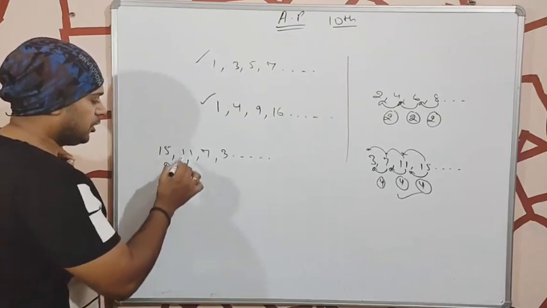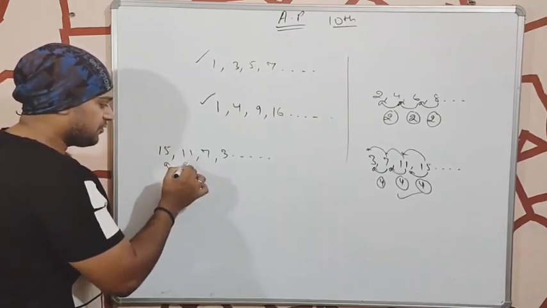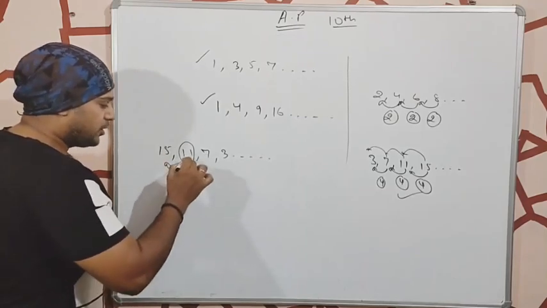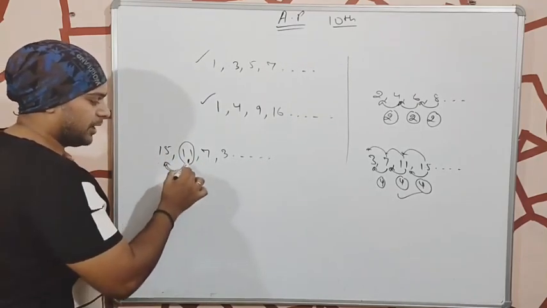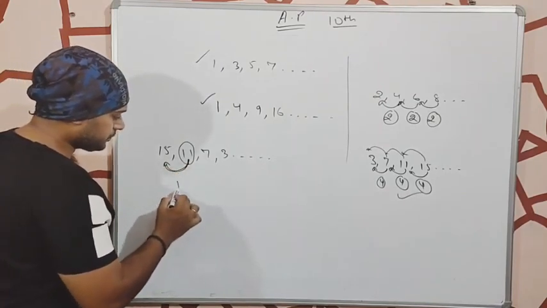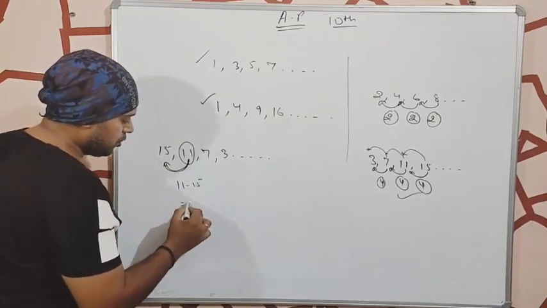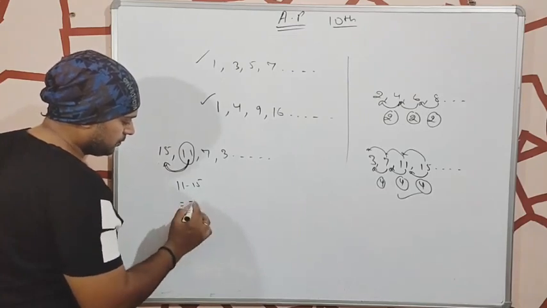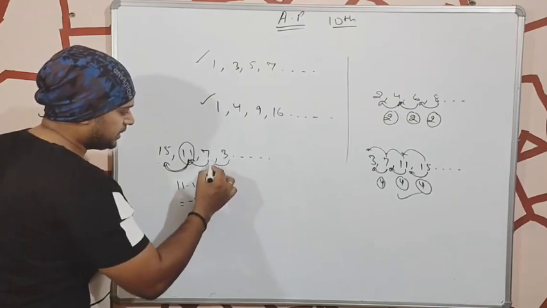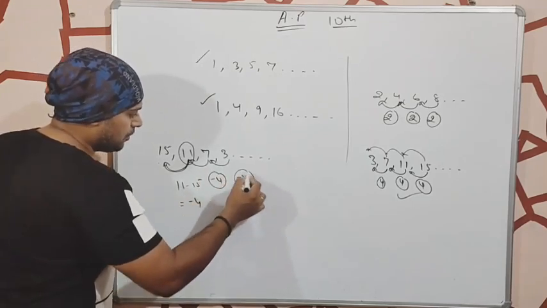You select any term and subtract the preceding term from that term, right? So 11 minus 15 will give you minus 4. Again 7 minus 11 is going to give you minus 4, and 3 minus 7 is also going to give you minus 4.